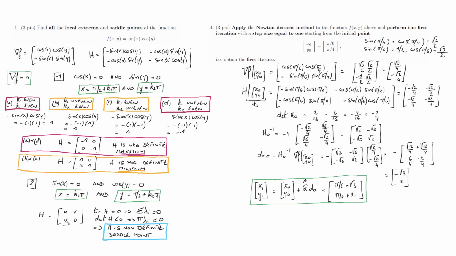And of course, since you have the same quantity over here, the determinant will be negative. So the product of the eigenvalues will be negative. So this means that you have a positive eigenvalue and a negative eigenvalue. So H is non-definite, and then you have, of course, a situation where you have a saddle point.